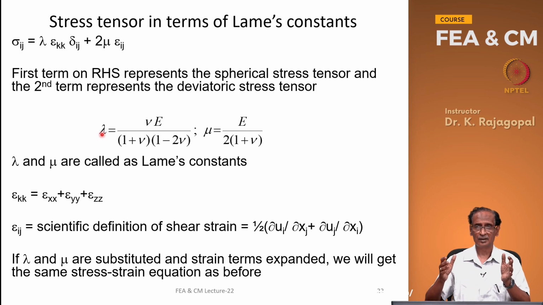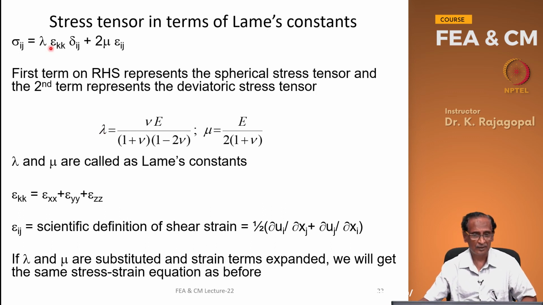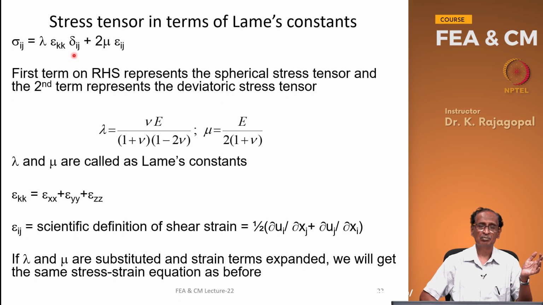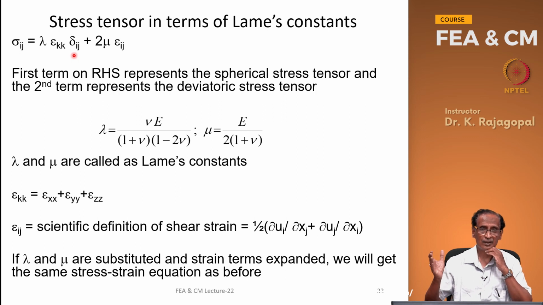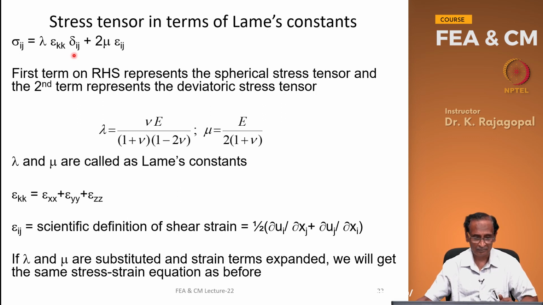The constrained modulus or the odometer modulus, and if we substitute this lambda and mu in this equation, we can get back our relation between the stresses and strains in terms of that 6 by 6 matrix. We will get back the same stress strain equation.